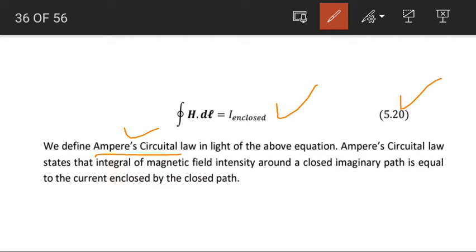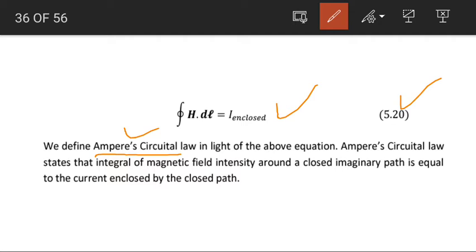So let us define Ampere's circuital law in light of equation number 5.20. Ampere's circuital law states that the integral of the magnetic field intensity around a closed imaginary path is equal to the current enclosed by the closed path. So this is Ampere's circuital law.